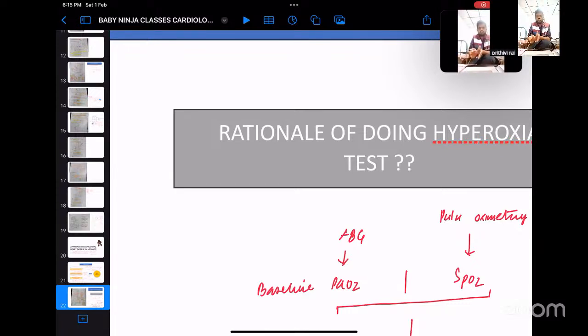In case of any defect in the systemic circulation, the ductus arteriosus remains patent, so it will bypass the blood from the pulmonary circulation. The blood that goes to the pulmonary circulation will also enter the systemic circulation, since the pathway to the systemic circulation is obstructed. For example, critical coarctation of aorta, critical aortic stenosis, hypoplastic left heart syndrome, where the left ventricle is unable to pump blood out to the aorta into the systemic circulation.